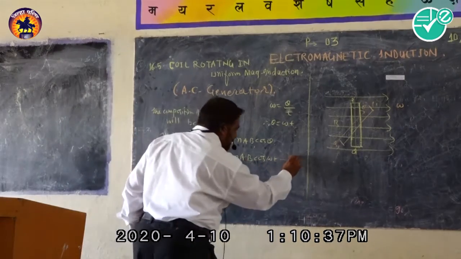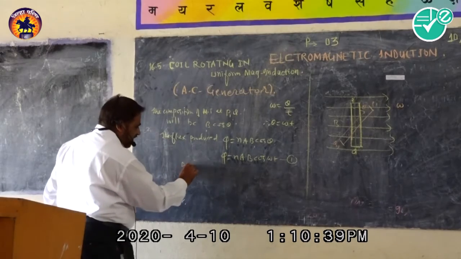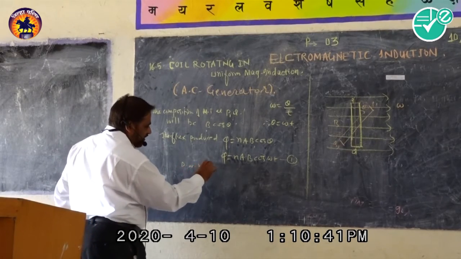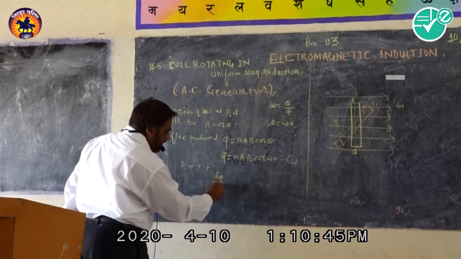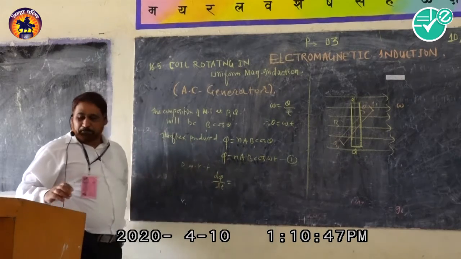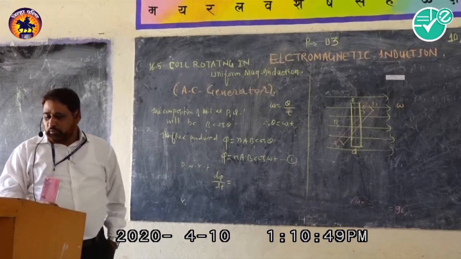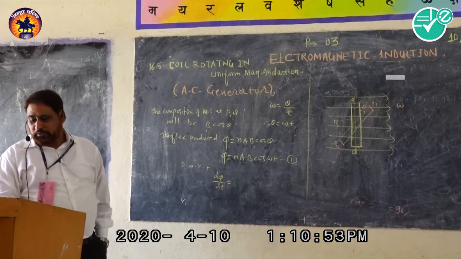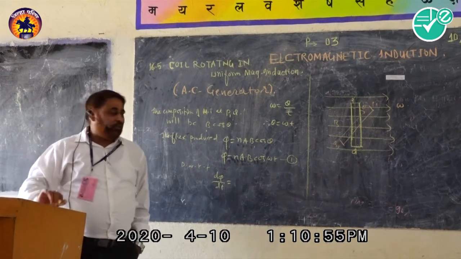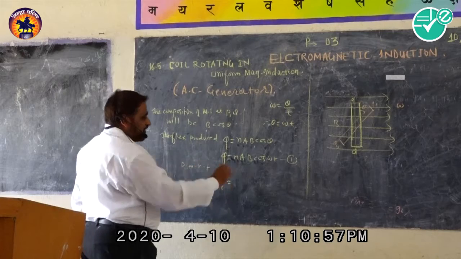Now let us differentiate this equation. Differentiating this expression with respect to t, we get d phi by dt is equal to NAB, which is constant, times the derivative of cos theta, which is minus sine.